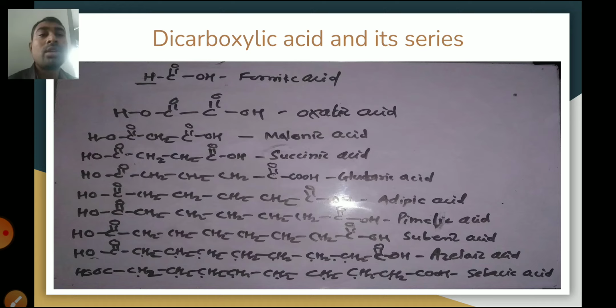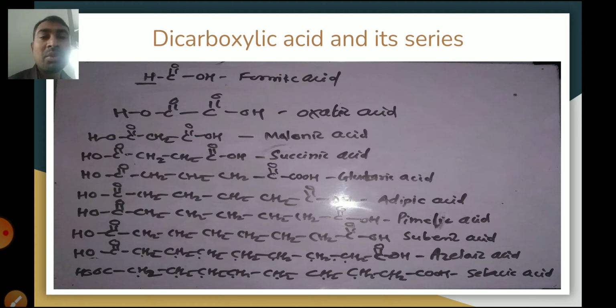The next is the introduction of an n-heptylene chain in between the two COOH groups, and then it is called azelaic acid.